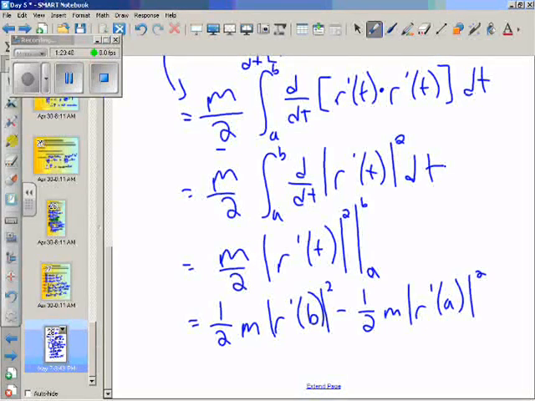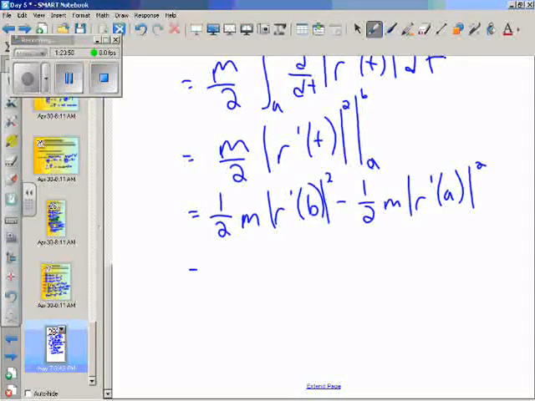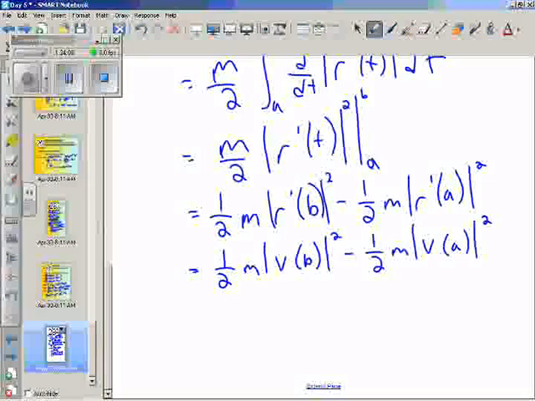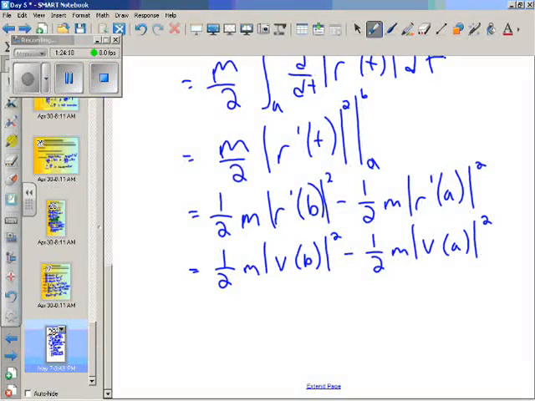And remember, being that r prime is just the velocity vector, we can rewrite this one more time as 1/2 m times the magnitude of the velocity squared.